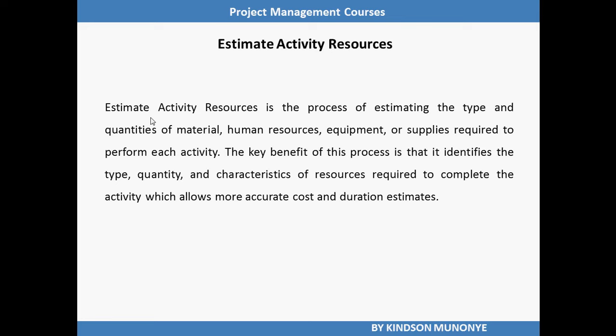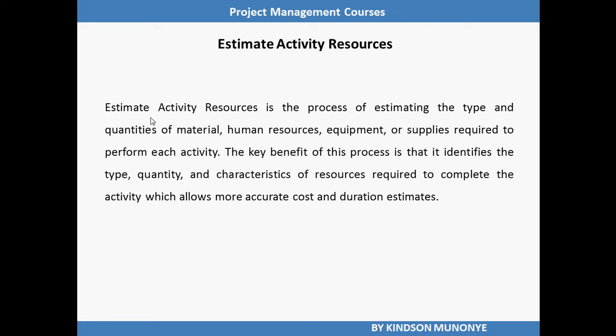The estimate activity resource process is closely coordinated with the estimate cost process. For example, a construction project team will need to be familiar with the local building codes. Such knowledge is often readily available from local sellers.